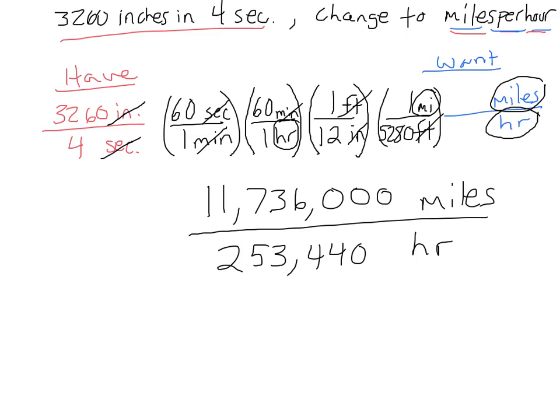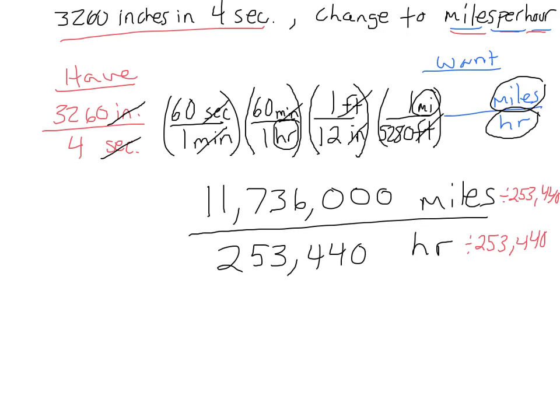Can we write that simpler? How about a unit rate? In order to achieve a unit rate, you would divide the bottom, or the denominator, by itself, in order to achieve 1 in the denominator. And you divide the numerator by that same number in order to not change anything.